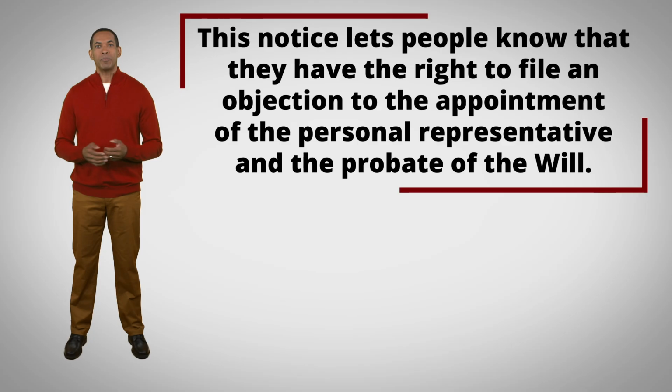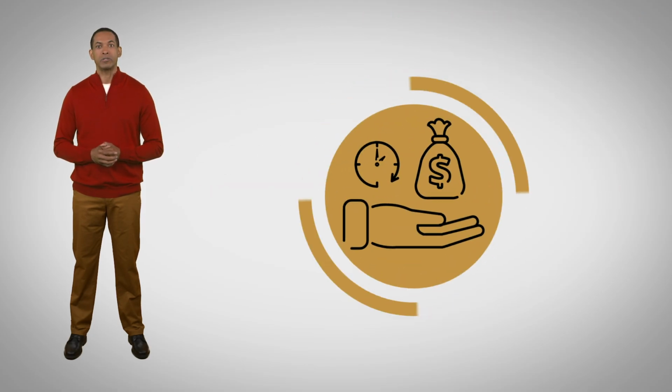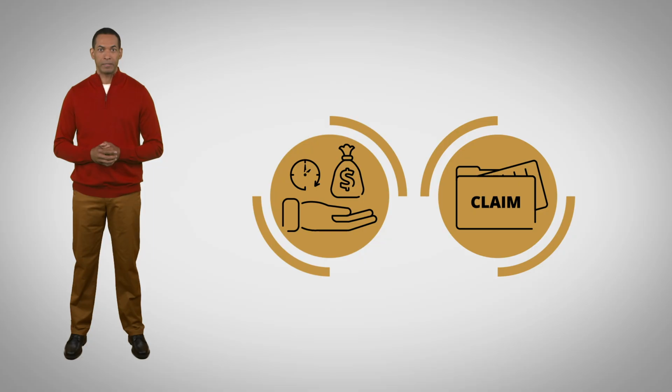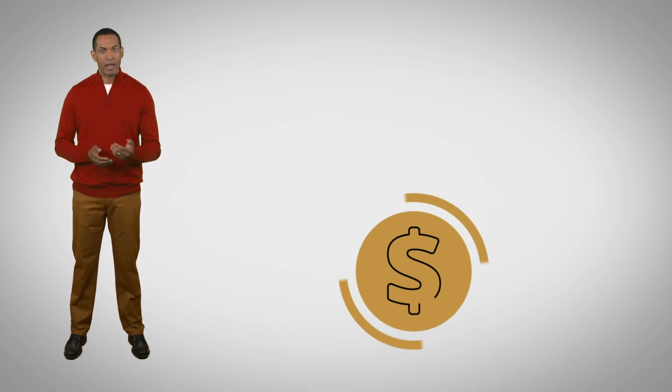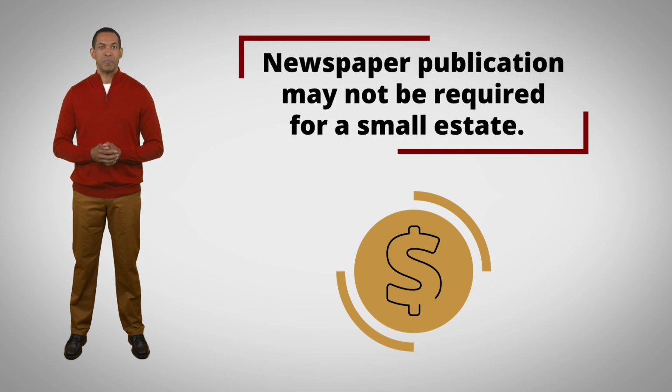This notice lets people know that they have the right to file an objection to the appointment of the personal representative and the probate of the will. It also notifies creditors of their right to file a claim. The estate pays for the publication costs. Depending on the estate value, newspaper publication may not be required for a small estate.